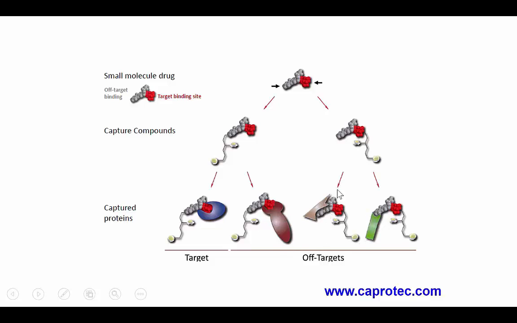These proteins, even though they bind to this affinity matrix molecule, are not real targets. They are called off targets. Sometimes these off-target proteins can induce a side effect, or make it difficult to understand those mechanisms. That's why figuring out the real target from off-target is quite important.